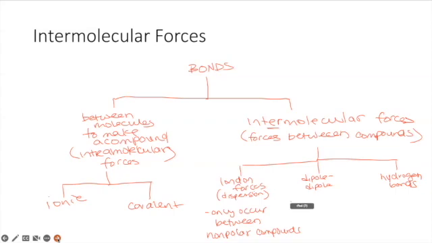Dipole-dipole occurs in polar molecules, and hydrogen bonds occur in polar molecules, but specifically with an F attached to a hydrogen, a nitrogen attached to a hydrogen, or an oxygen attached to a hydrogen.